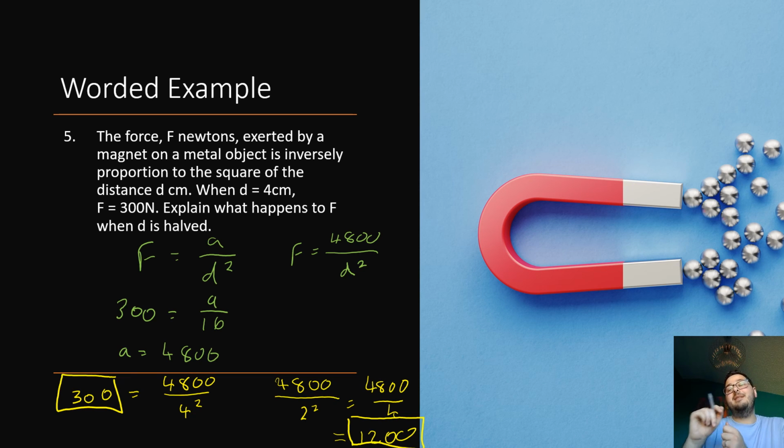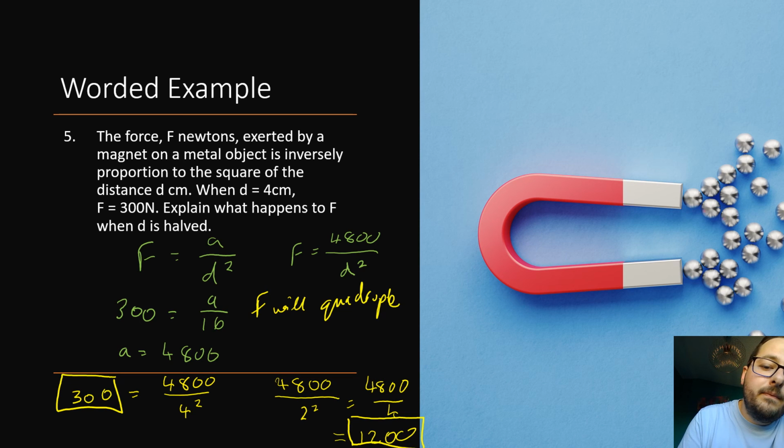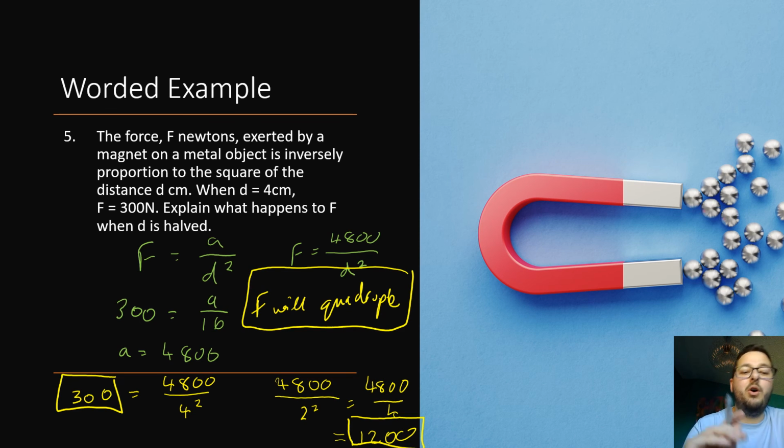So if you're dividing by something that's a quarter of the size, you're going to end up with something 4 times as big. So when d is halved, F will be 4 times bigger. So F will quadruple. And it doesn't matter what d is. As soon as it's halved, the value of F will quadruple.